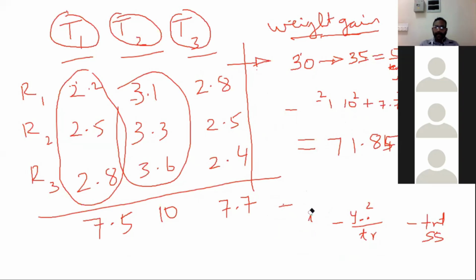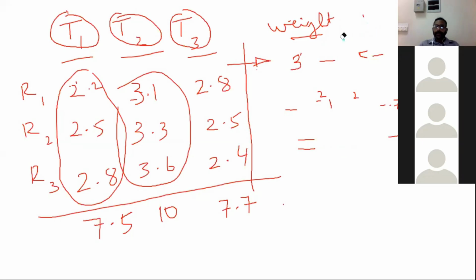Now, what is the correction factor? How to calculate the correction factor? I need this table. That's why I'm doing all this.